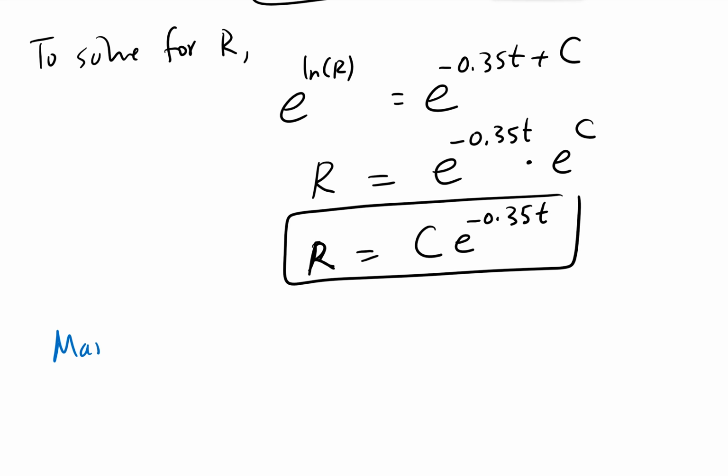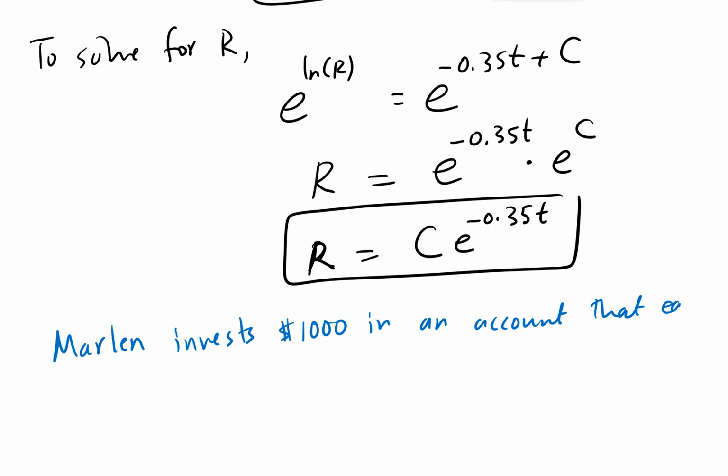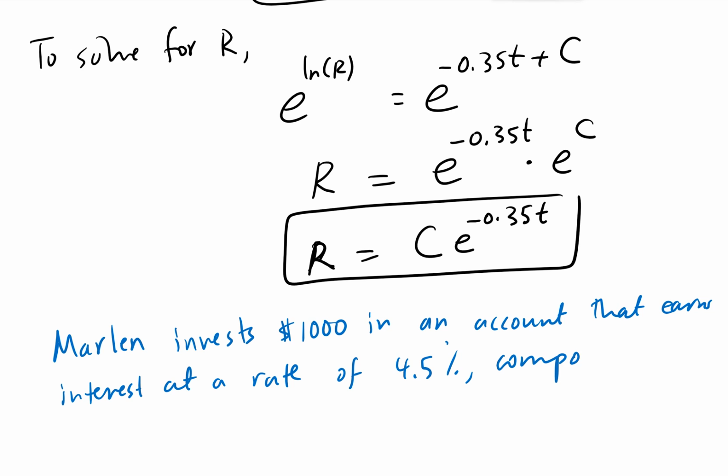Let's apply it a little bit now to something. Let's say Marlene invests $1,000 in an account that earns interest at a rate of 4.5% compounded continuously.